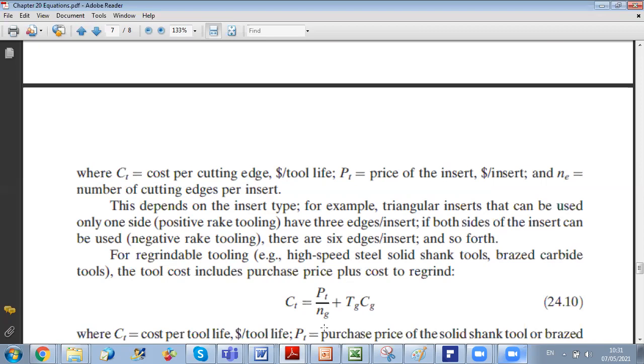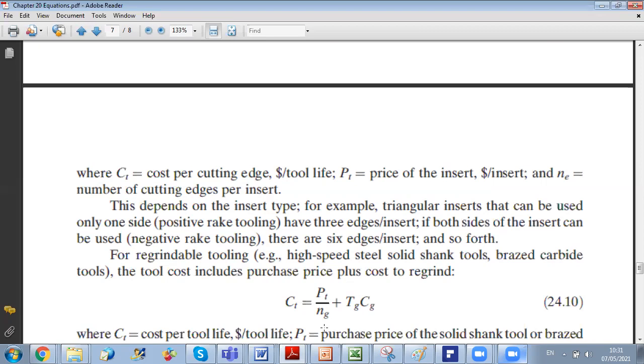Okay, so sometimes also we can increase the number of times that we can use this edge by grinding the tool. This is why in case you are using grinding to use it again, we should take into account also the regrindable cost.